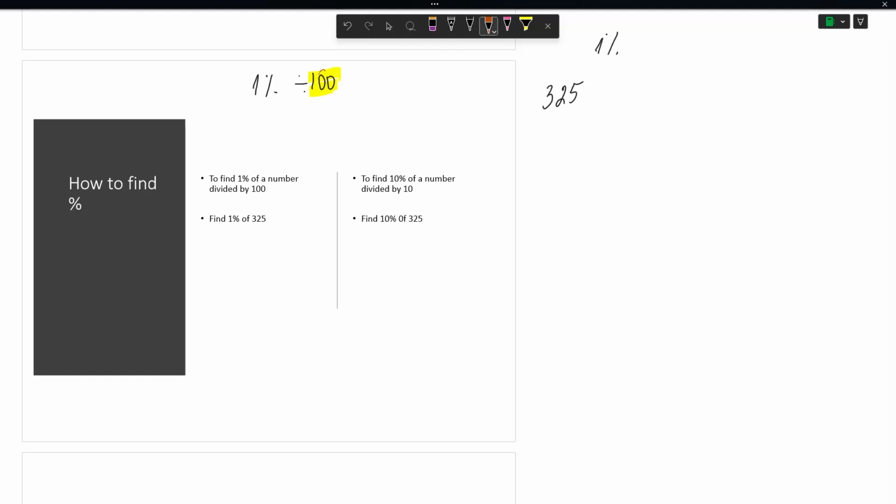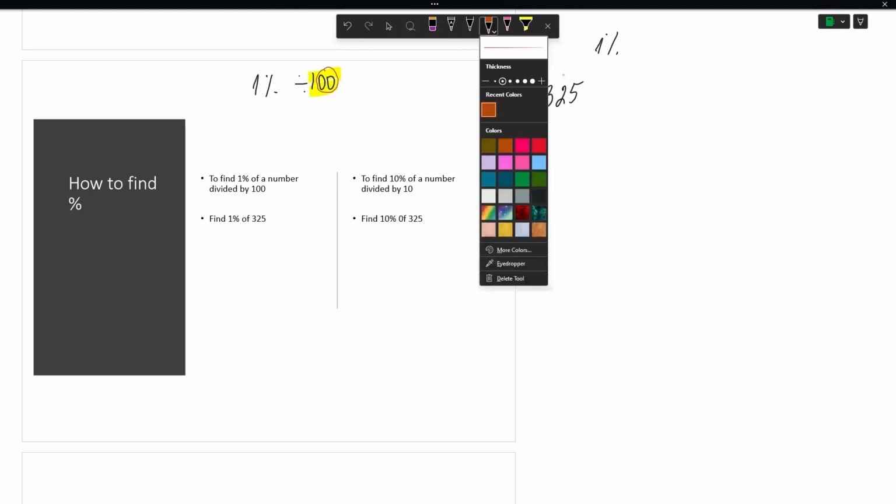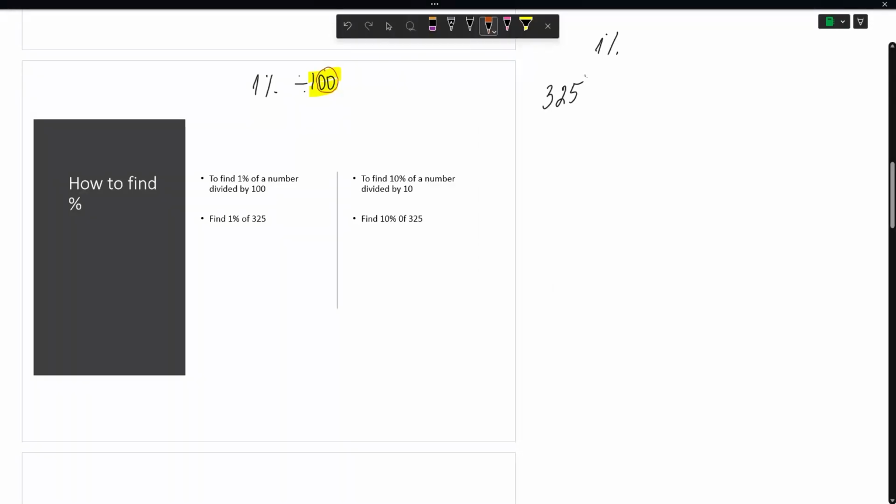So you start from the back, where your ones are, and count 2: 1, 2, and you put your decimal point here. So it's going to be 3.25. So 1% of 325 is 3.25.